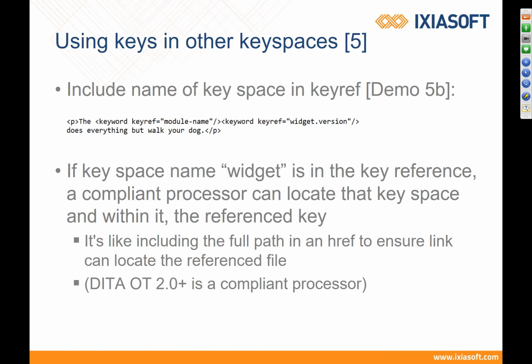You're ensuring that this key reference can traverse your map structure and your key space structure to find the specific instance of a key that you want to use. So any compliant processor can find that key space if you have properly defined the path to it. And DITA Open Toolkit 2.0 Plus is a compliant processor.